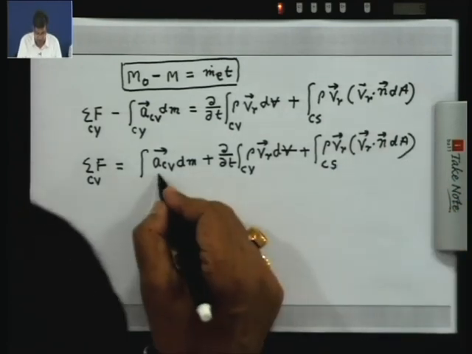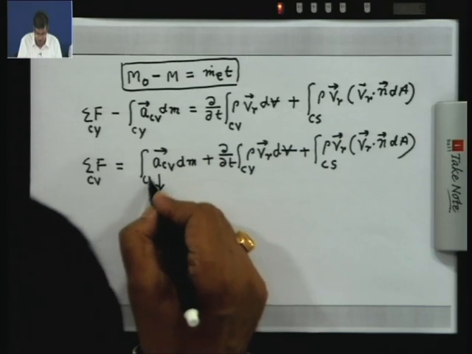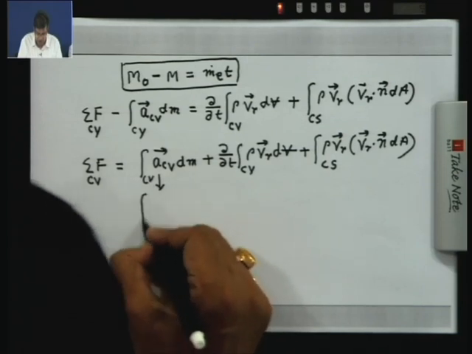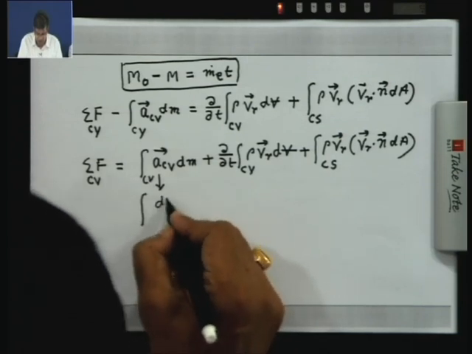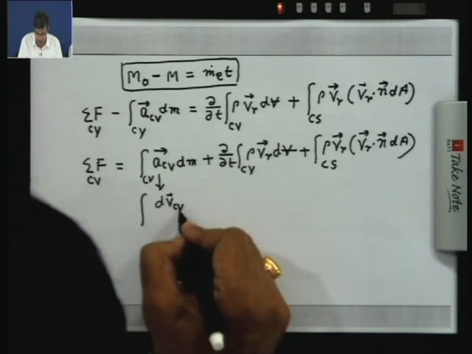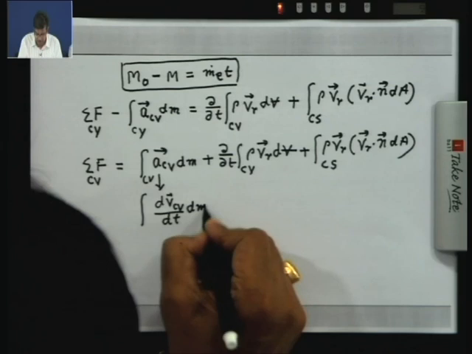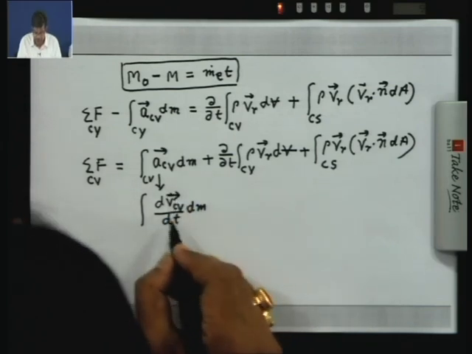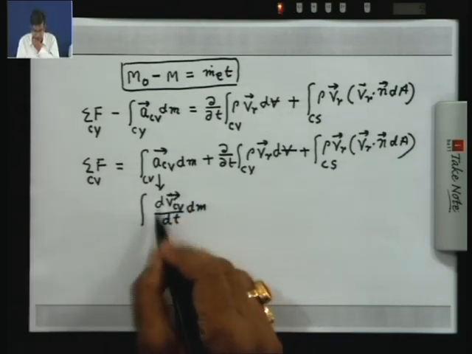Now what is this over the control volume? If you do this, this is nothing but dVCV dt times dm.